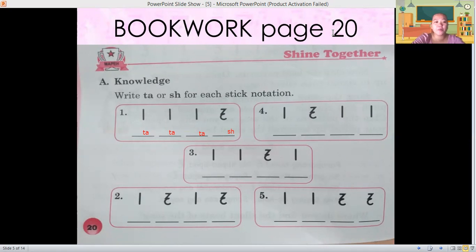Okay, so you are now on page 20. I already gave you the answer for number 1. We have here ta, ta, ta, sh. Okay, for number 2, you answer. Okay po? Teacher Bell will not help you anymore because this one is so easy. When you see this one, it means ta. And then this one is sh. Okay, just write. Go, number 2.